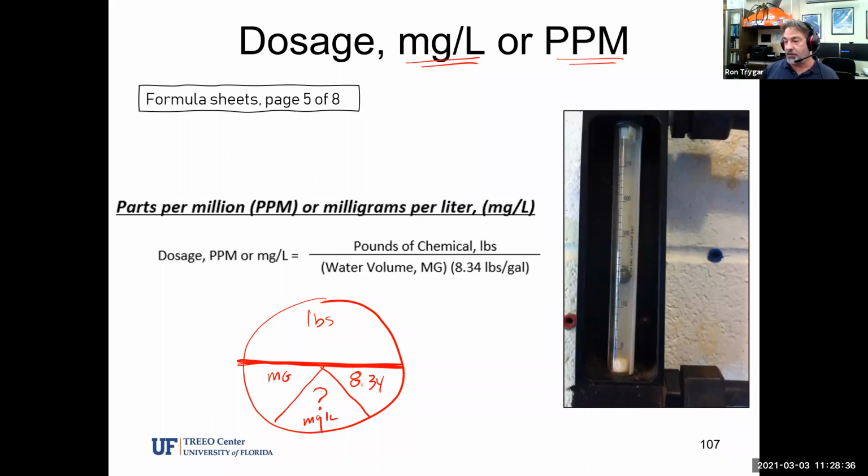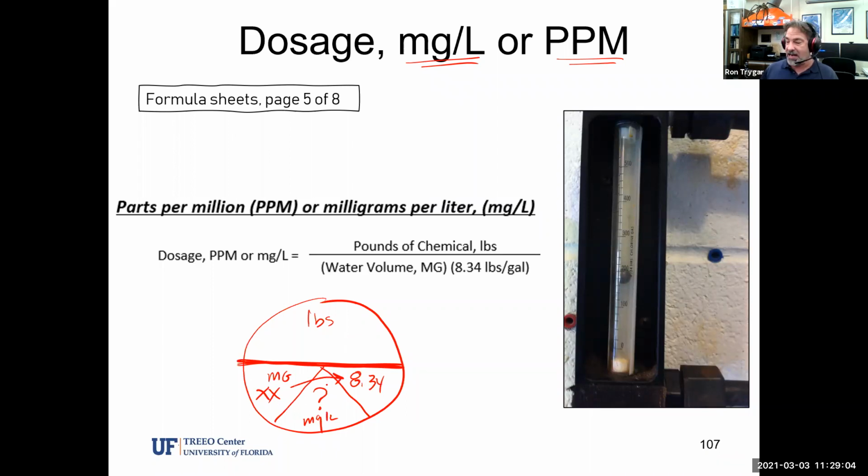So we're going to use the Davidson pie chart to help us out. And remember that any numbers that get populated into the southern hemisphere of the pie chart are always multiplied together first. So if I have some double-digit number here, and we're trying to figure out the milligrams per liter, we still multiply the million gallon numbers by 8.34.